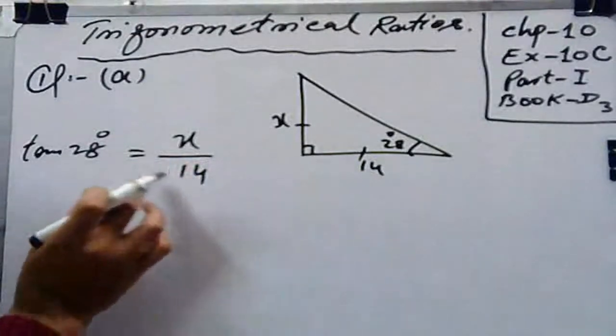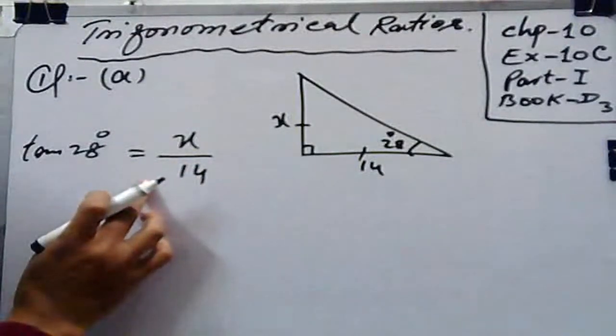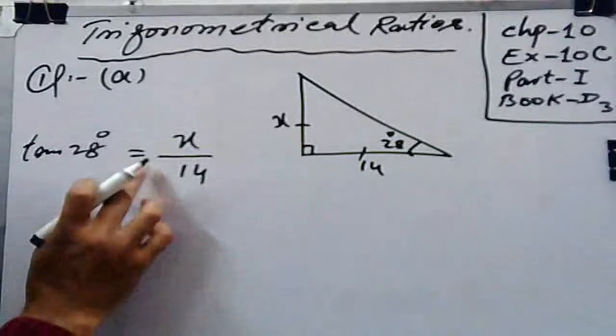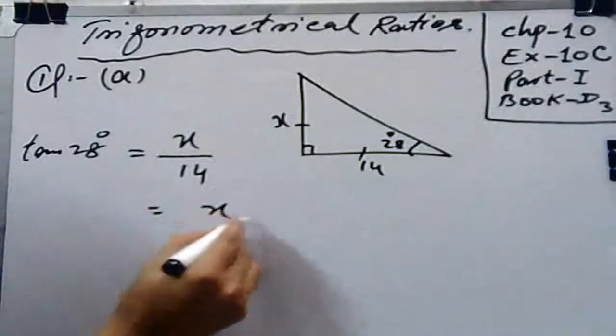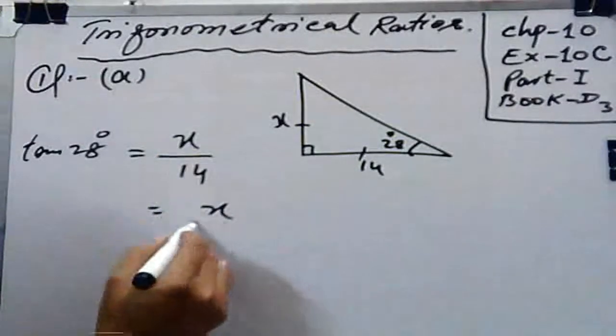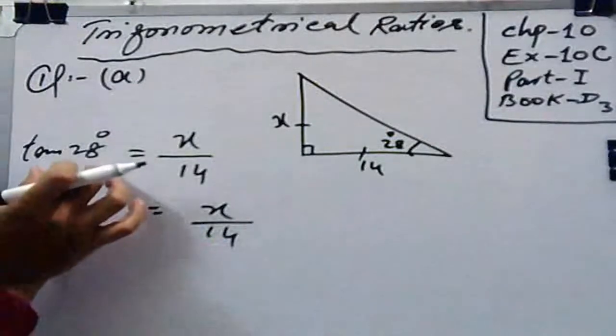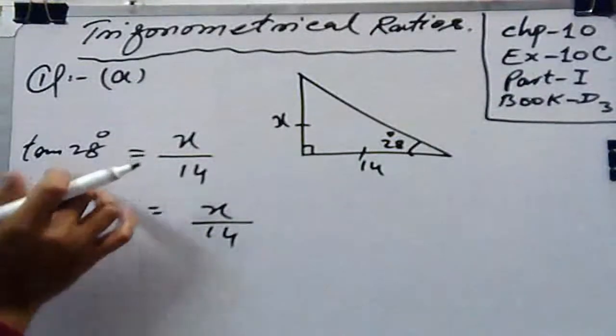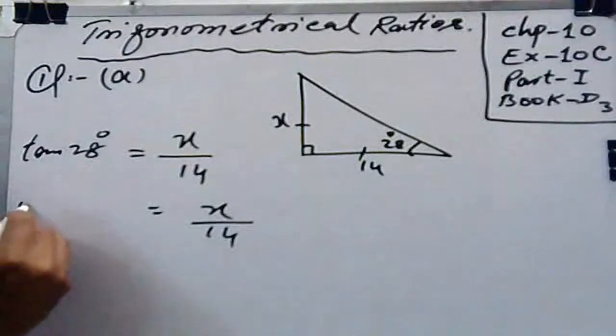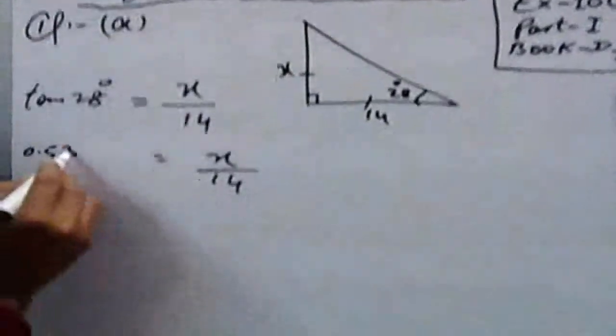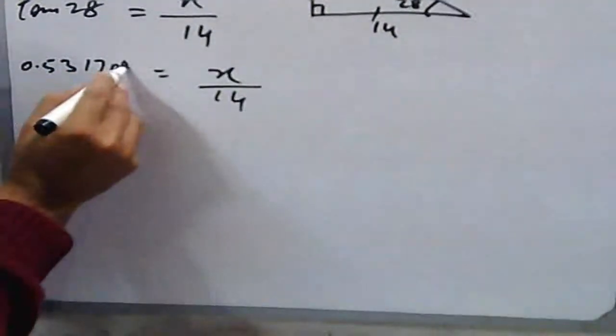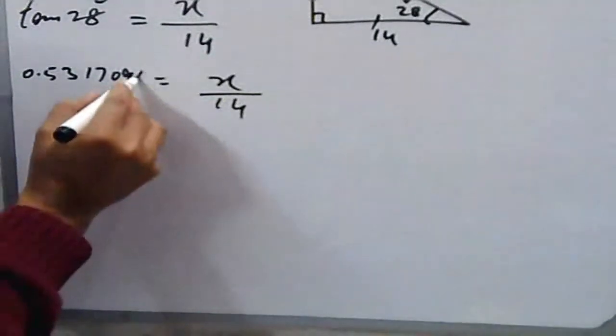By using this, how can you find it? You need the value of x, so using cross multiplication. But before cross multiplication, what is the value of tan 28, which is equal to 0.531709 approximately.